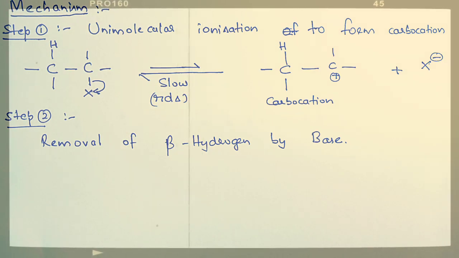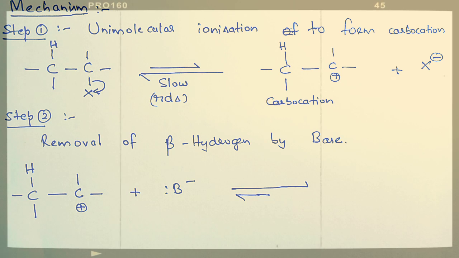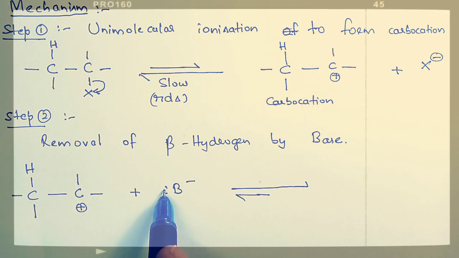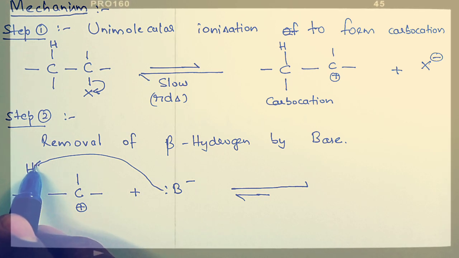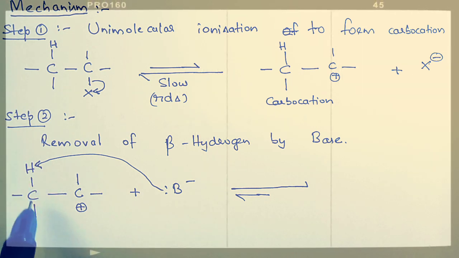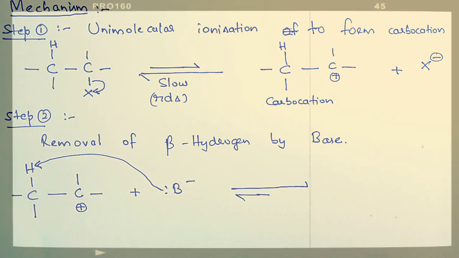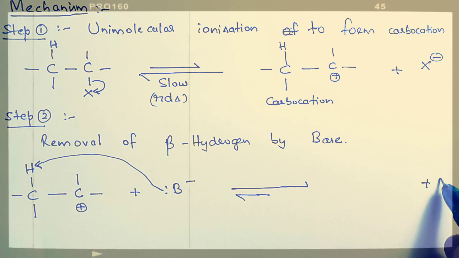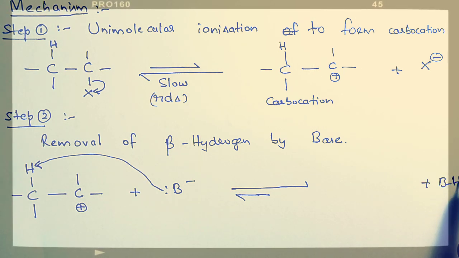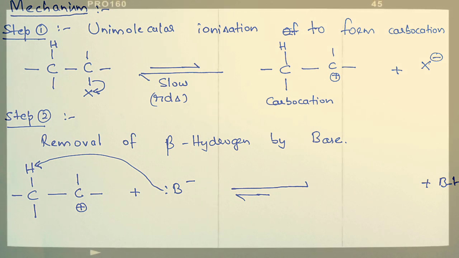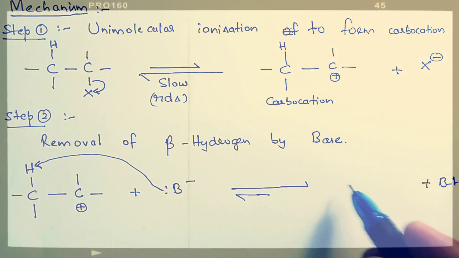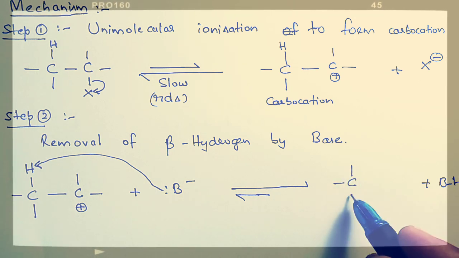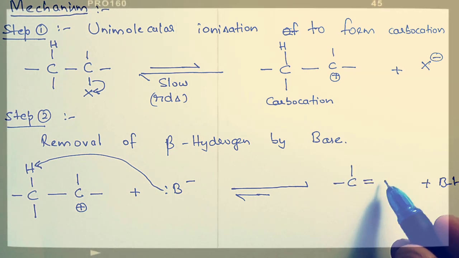Now second step. Removal of beta hydrogen by base. The base has one lone pair. It will donate its electrons to the beta hydrogen and the hydrogen will get attached to the base and goes out in the form of BH, and the corresponding alkene is formed.